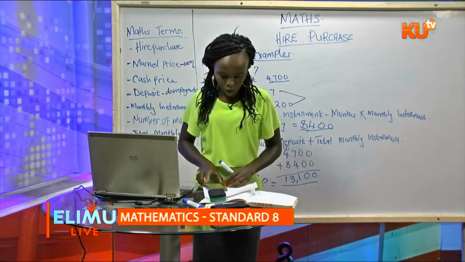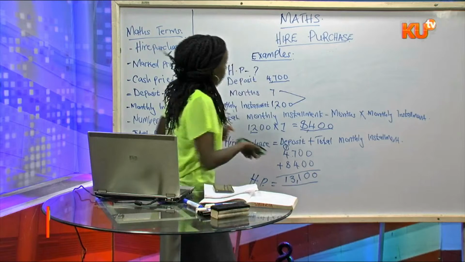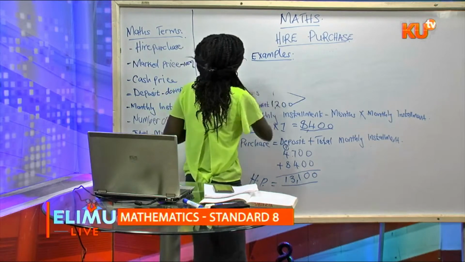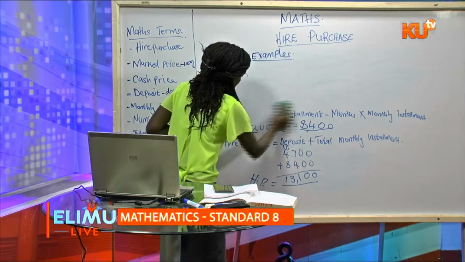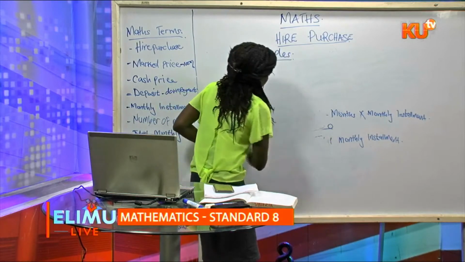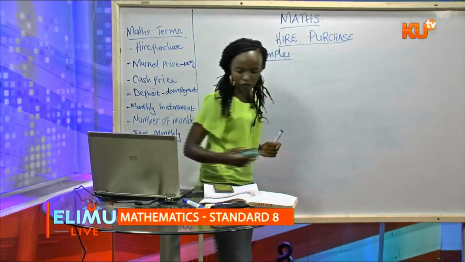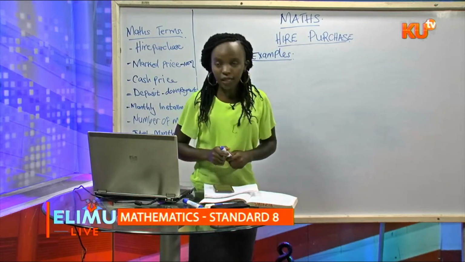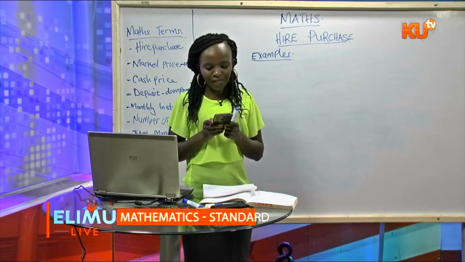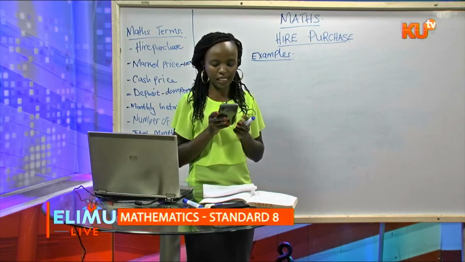We look at example 2, another example. Example 2, the marked price of a TV set is 33,600.